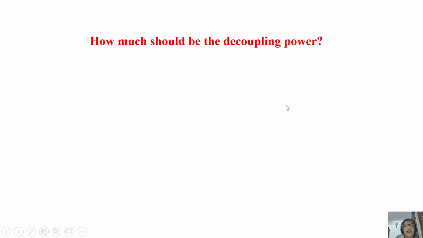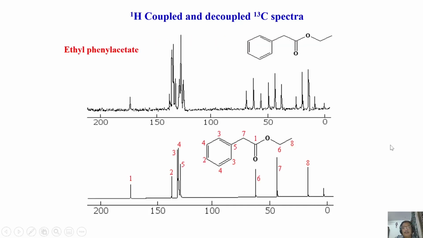Then, as I showed in this example, all these multiplicities collapse. For example, the CH3 quartet reduces to a singlet. The CH2, a triplet because of two protons, reduces to a singlet. And this other CH2, also a triplet, reduces to a singlet. So in the carbon spectrum, you always see the coupling between carbon and directly attached protons.